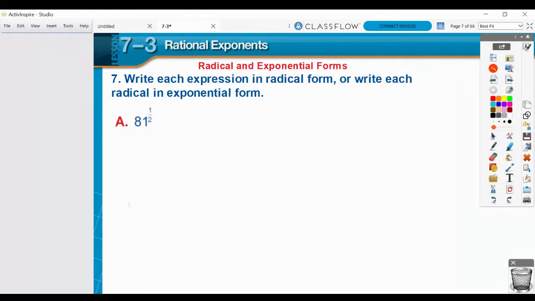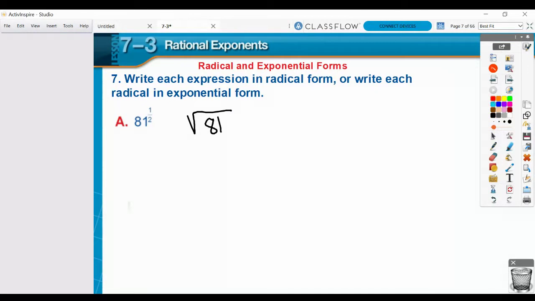Okay, so for the first example, it says write each expression in radical form or write each radical in exponential form. So right now, this is an exponential form. We have 81 to the 1/2 power, and we need to write it in radical form. So I'm going to draw my radical. The base of 81 goes underneath.